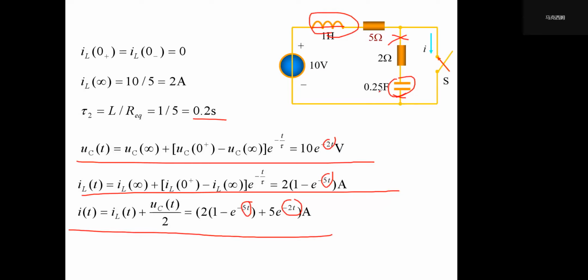So in general it is not a first-order circuit, but by applying the three-factor method and the superposition theorem, we divide it into two first-order circuits and put them back together. So this is how we solve it. And let's see another example.